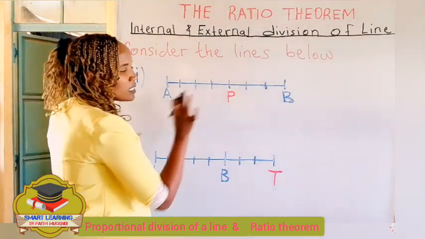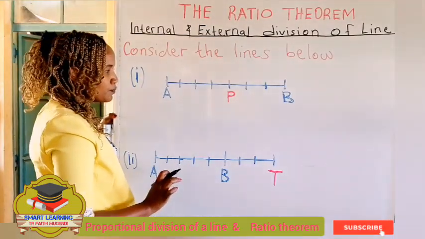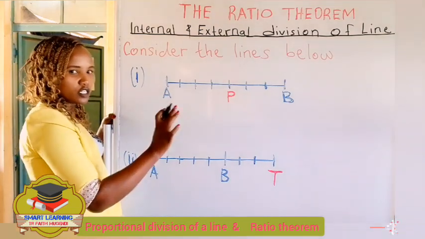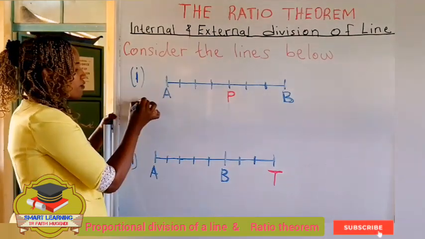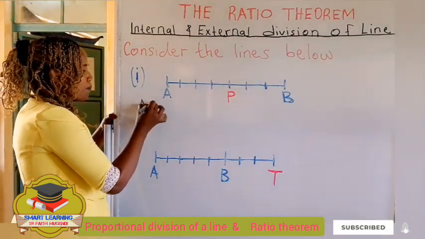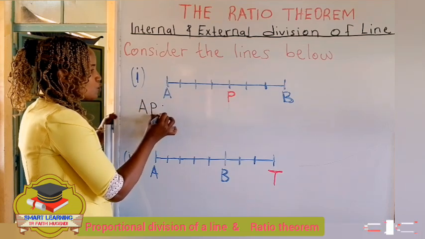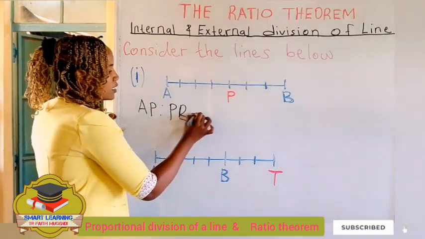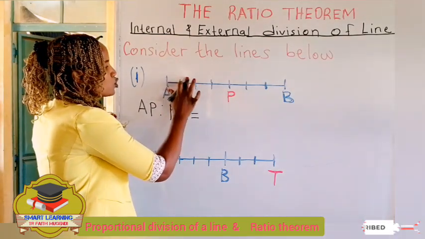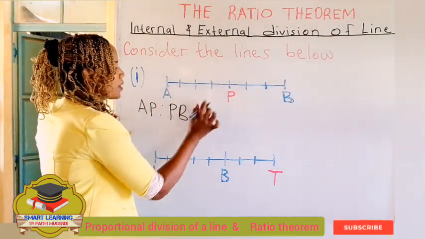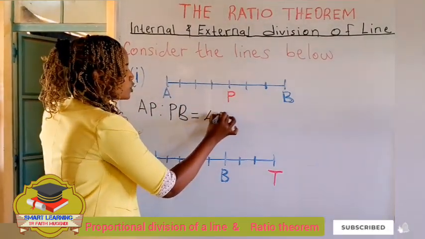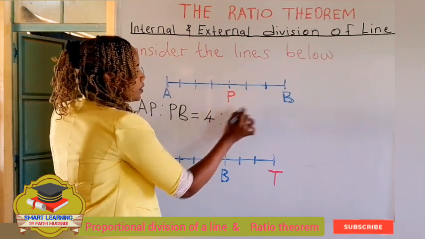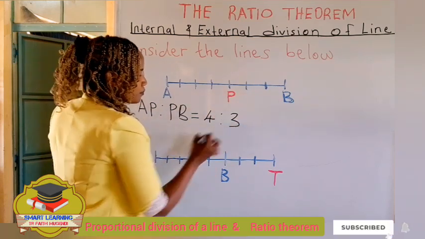So this is internal division of the line. How do we put it down in ratio form? We have AP is to PB equals 4 is to 3.